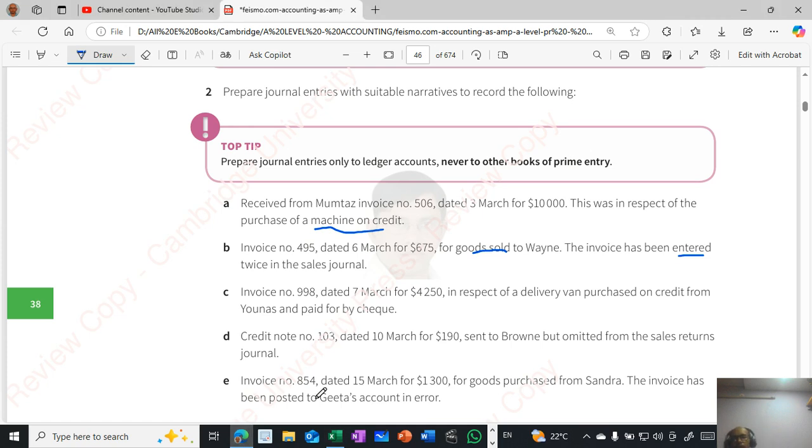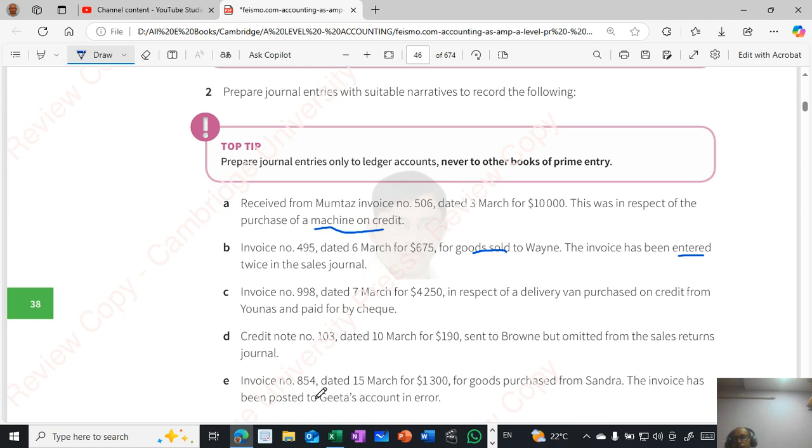What is the entry? There is a check payment also, but we should never record the check payment here, because check payment will be recorded in the cash book.